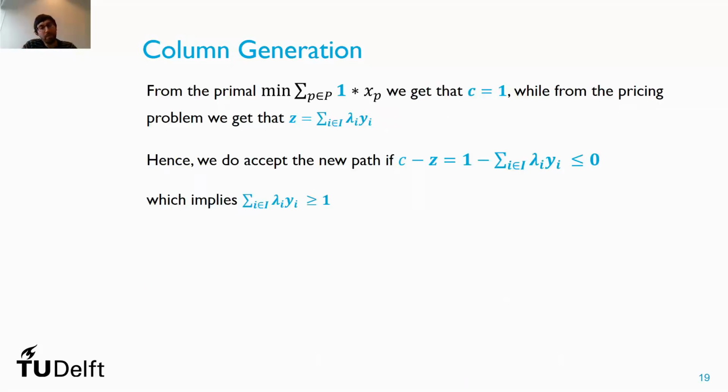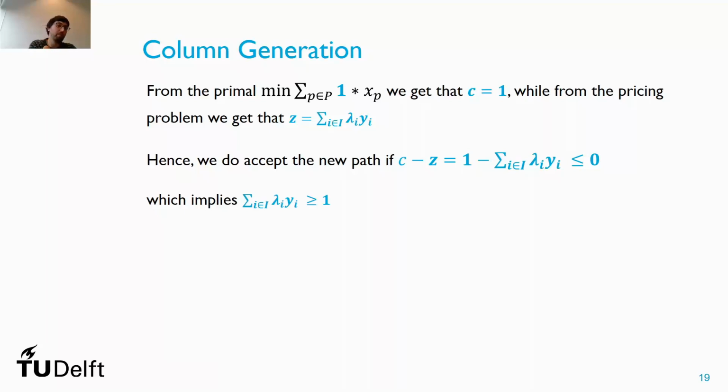And if you remember how the original problem looks, in the objective, each variable defining how many times path p appears has a 1 as a coefficient. So our original c is 1.